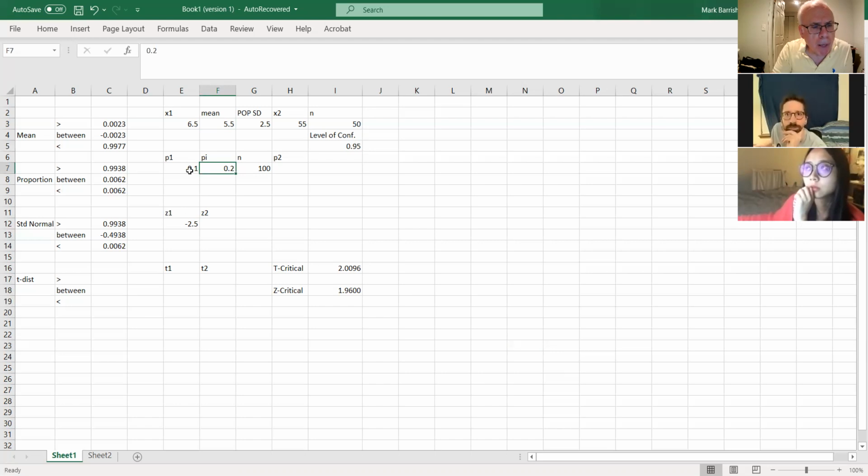Hold on a minute, no, we could use P1. That would be the sample proportion if we wanted to use a proportion. We have a sample mean, a sample proportion.